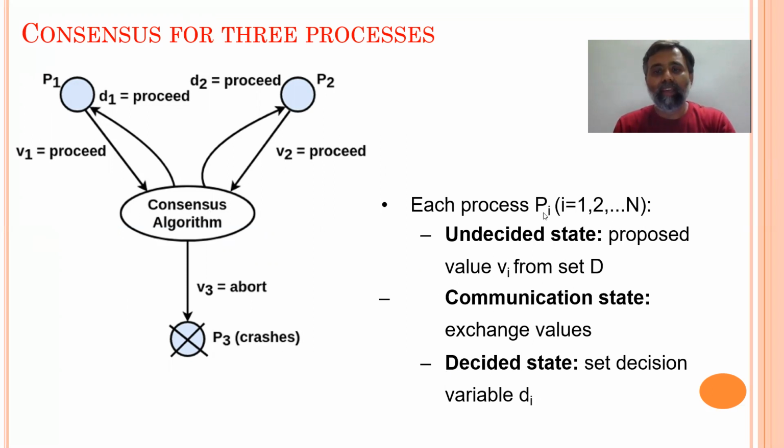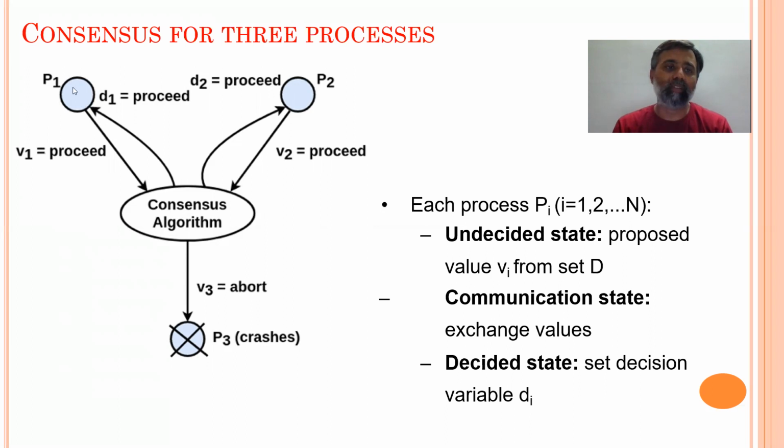Each process will propose some value, which we call Vi, and they will exchange values among all the nodes. And after the decision on a certain value, which we call Di, that is the decision state.